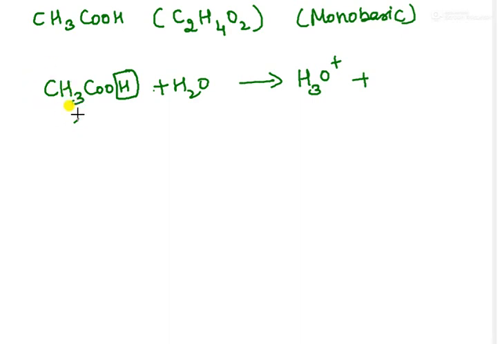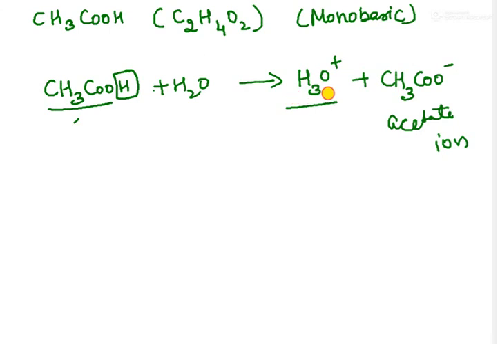So only this one hydrogen atom ionizes, forming one hydronium ion, and the rest comes out as the acetate ion. There is a formation of only one hydronium ion, so that's why acetic acid is called monobasic.